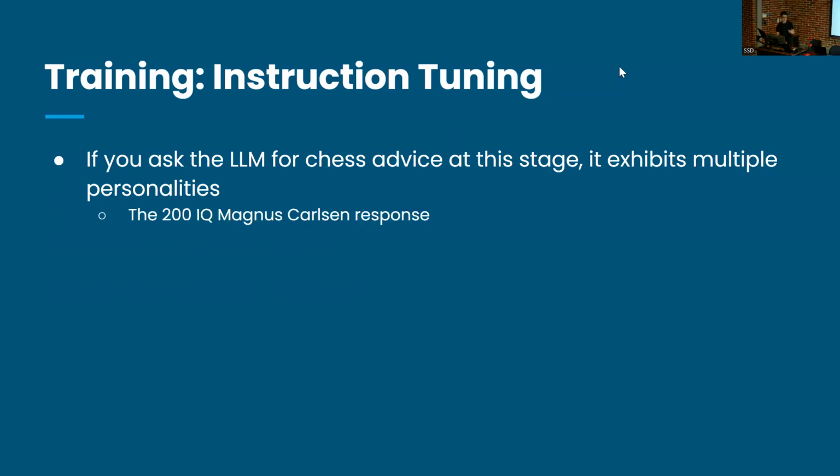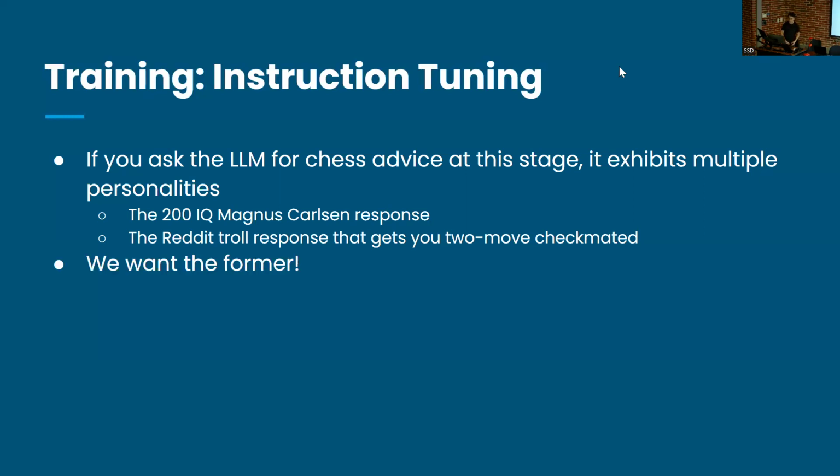You have a genius like Magnus Carlsen giving test advice, and you also have the Reddit response that gives you some technique. Some of the data on the internet is good and some of it is bad. We want to elicit the former response, the most helpful response possible, and we need instruction training to do that.